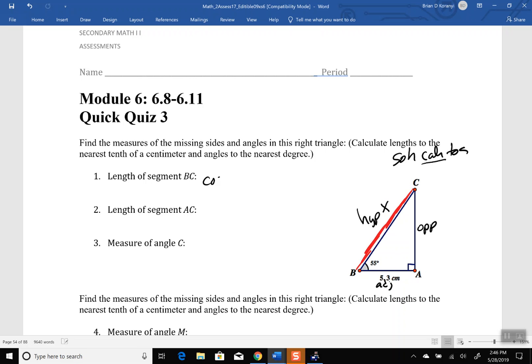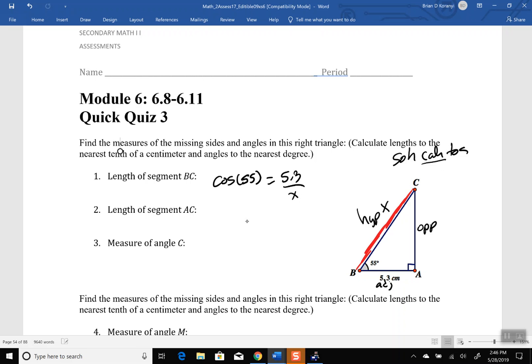So after sine, cosine, or tangent is always going to be my degree, so cosine of 55 degrees is equal to the adjacent, 5.3, over the hypotenuse.